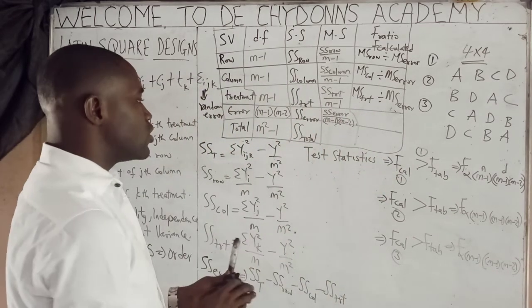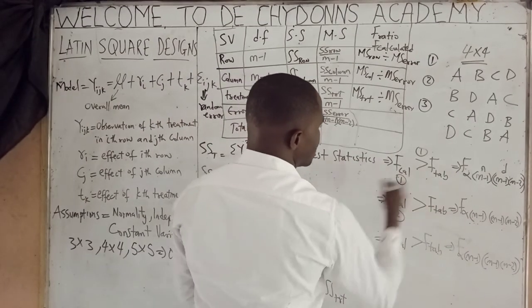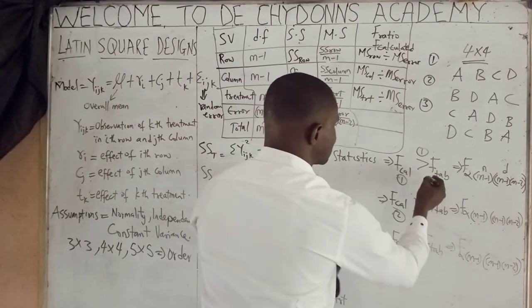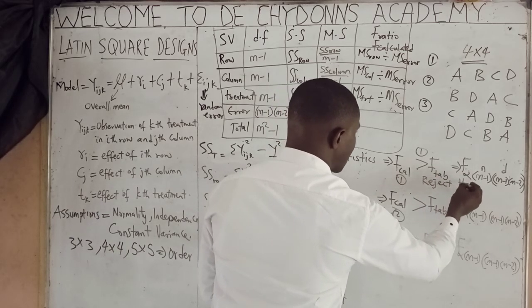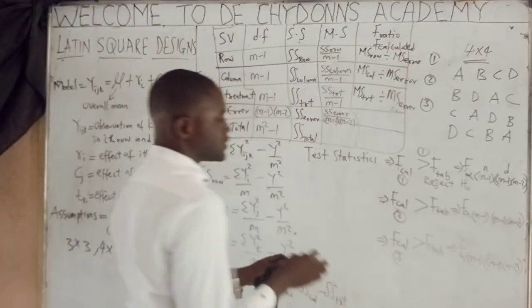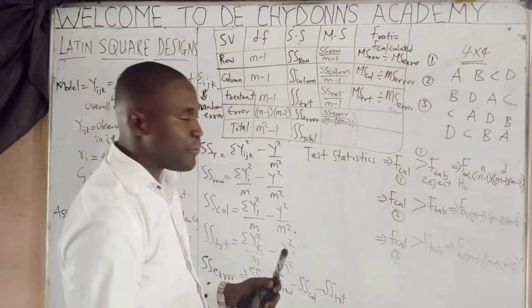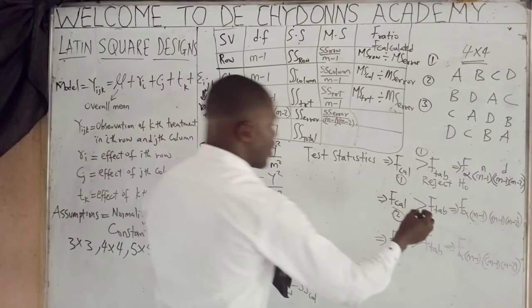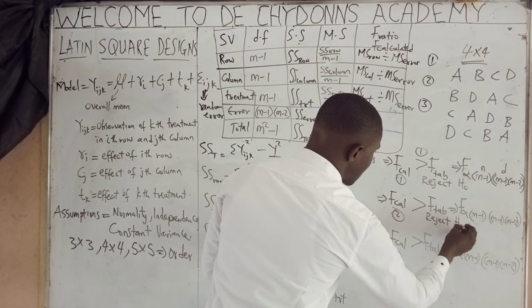Then what you now do is that if F calculated is greater than this, you tell them that yes, I will reject null hypothesis. This is sample of null hypothesis. Reject null hypothesis, then accept alternative hypothesis. Then for this one, you also say reject null hypothesis.